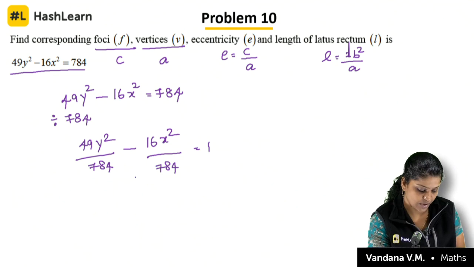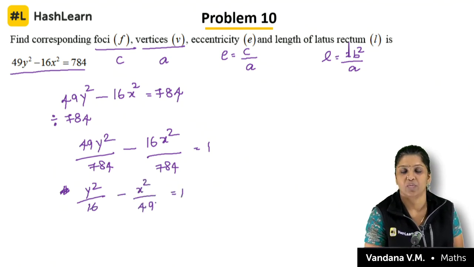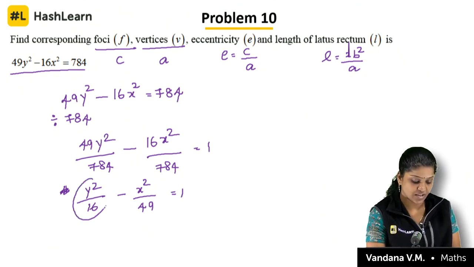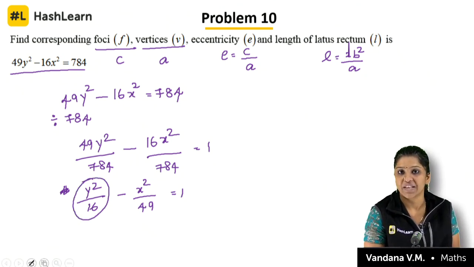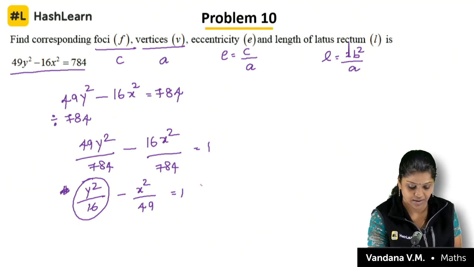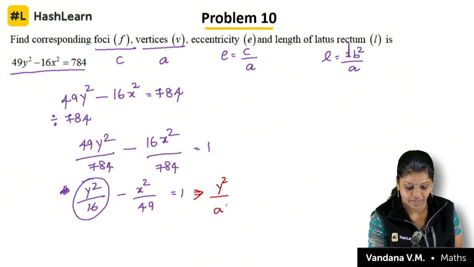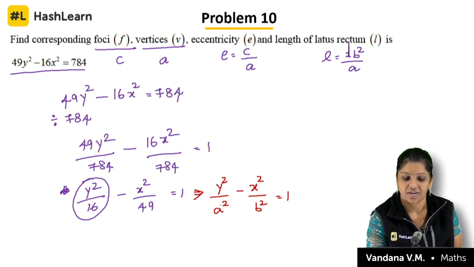You will get the equation as y square by 16 minus x square by 49 is equal to 1. So, y terms are first. So, what will be the standard equation whenever we have y terms like this? The standard equation is y square by a square minus x square by b square is equal to 1.